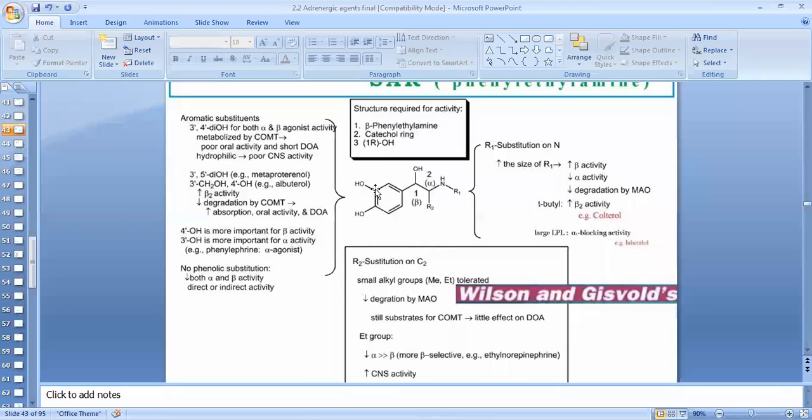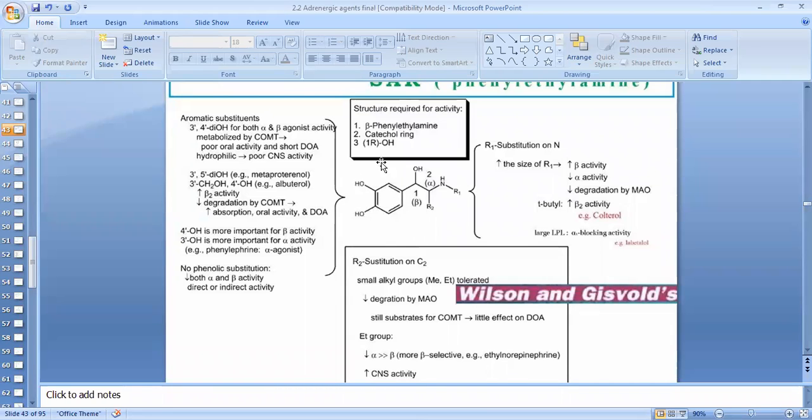This is the ring. If we change this 3,4 position to 3,5 position, that is metaproterenol. See here, the basic criterion is the presence of hydroxyl groups at the 3 and 4 positions.